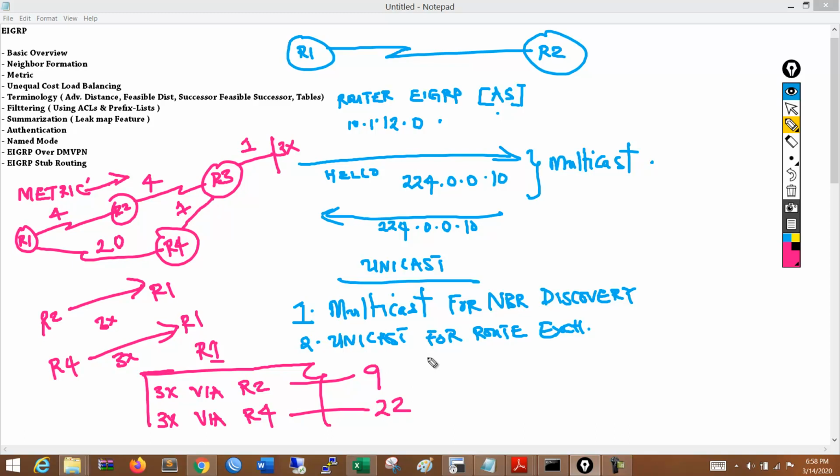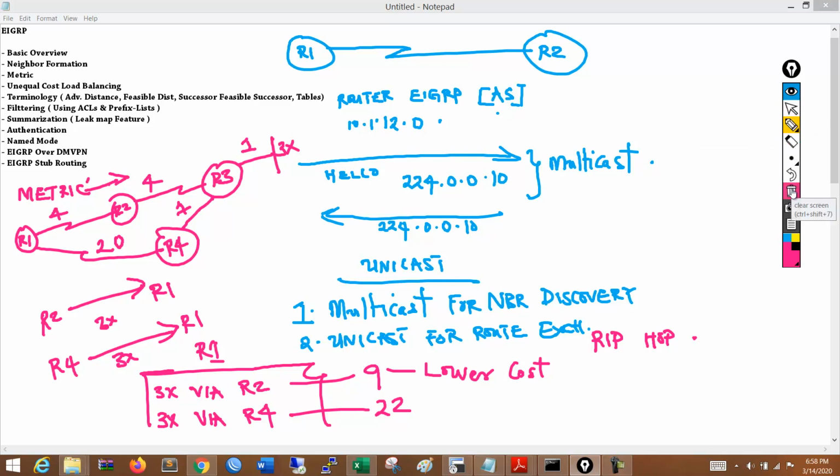So EIGRP will pick the lower cost route as the best route to the routing table. Remember, RIP didn't mind the cost of the bandwidth of the interface. RIP just said how many hops away. So RIP utilized hop count for its metric, but EIGRP utilizes a composite metric.